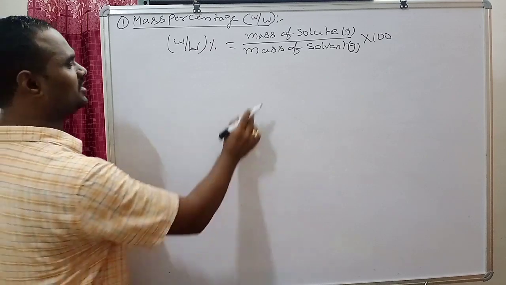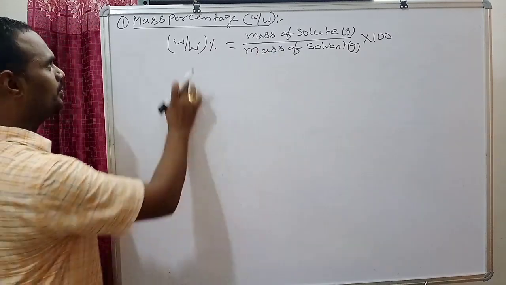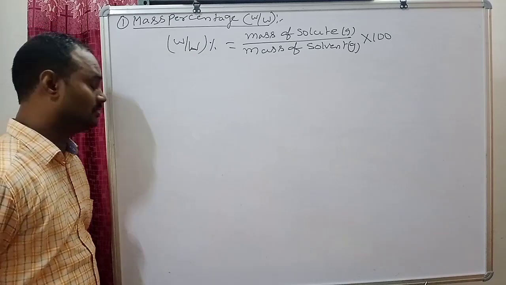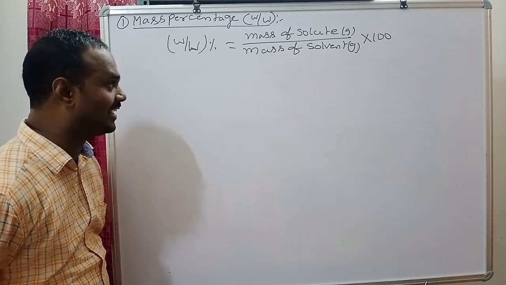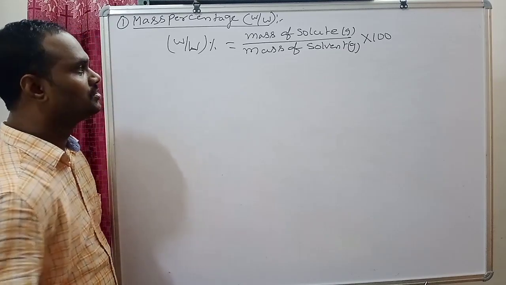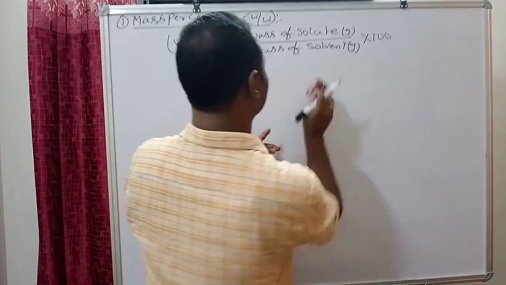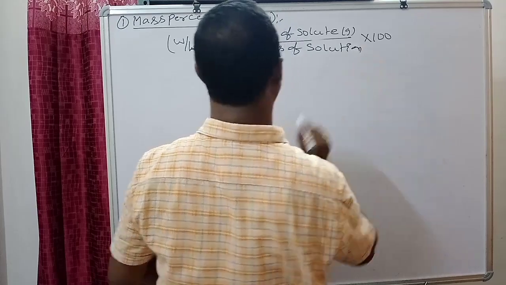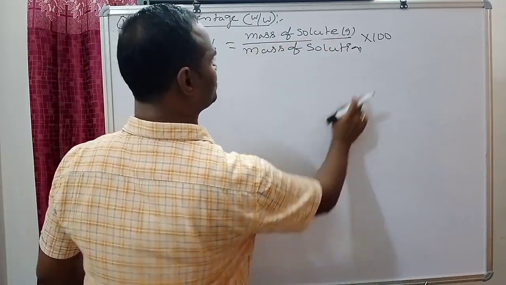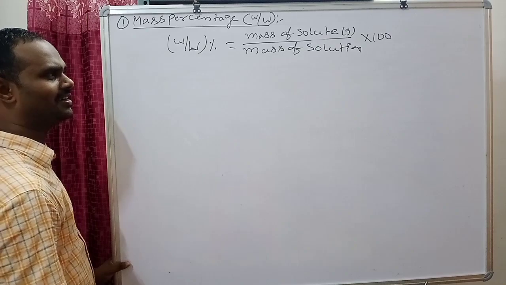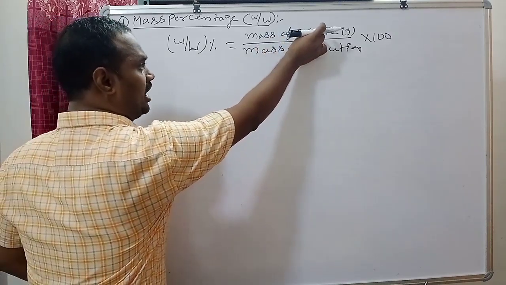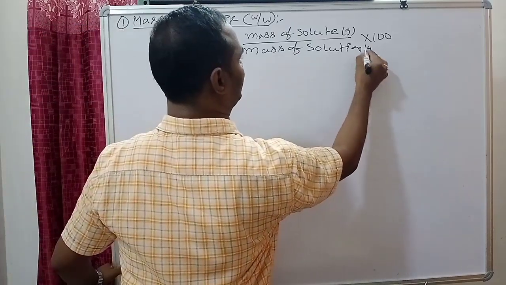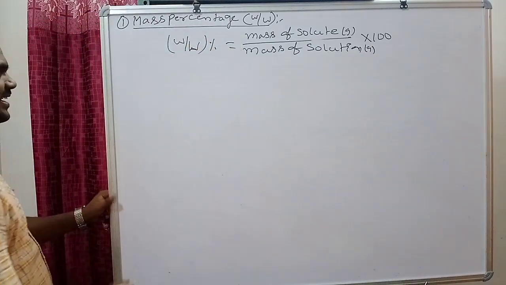Sorry for the mistake: mass of solute by mass of solution into 100. The number of grams of solute present in 100 grams of solution is called mass percentage.